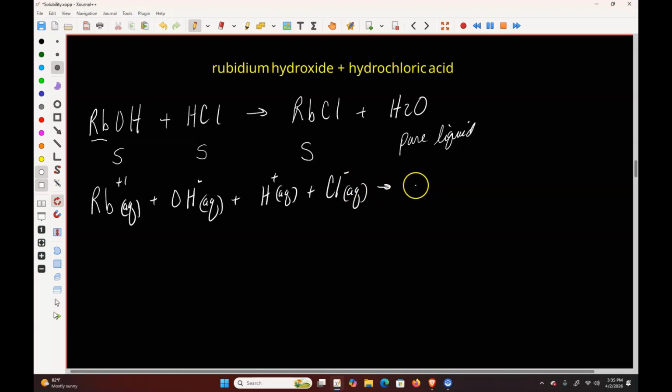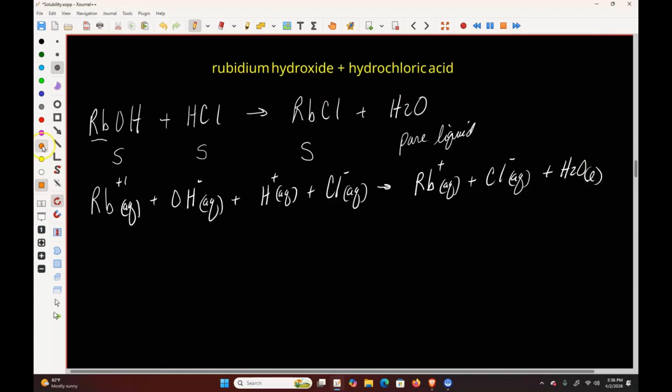To produce rubidium chloride, which will dissociate into a rubidium aqueous ion, a chloride aqueous ion, plus water as a liquid.